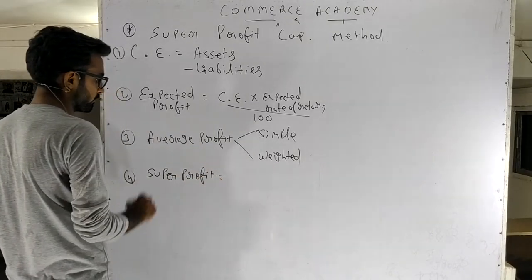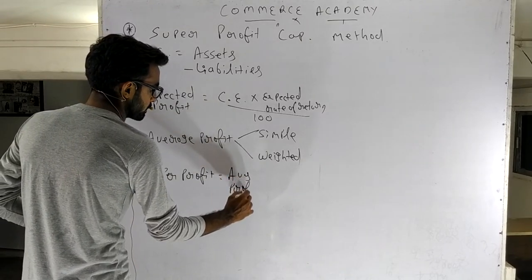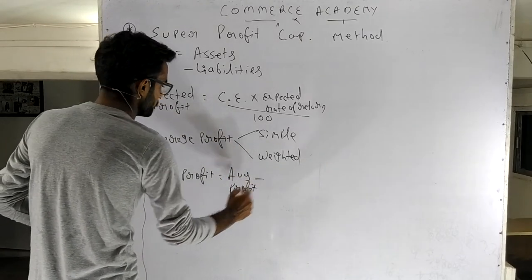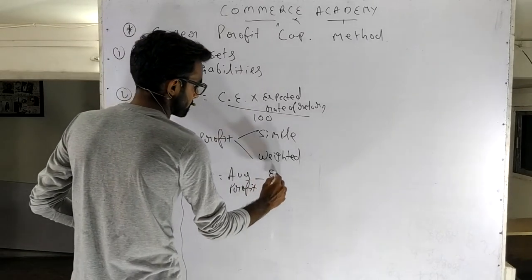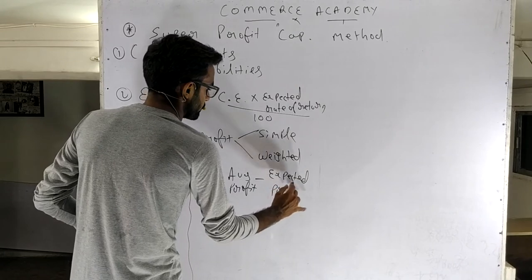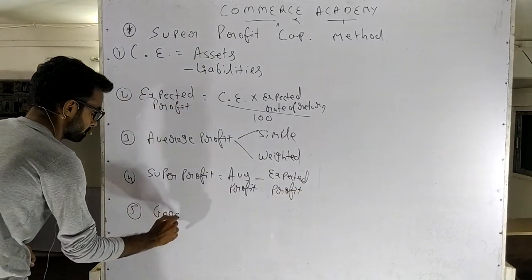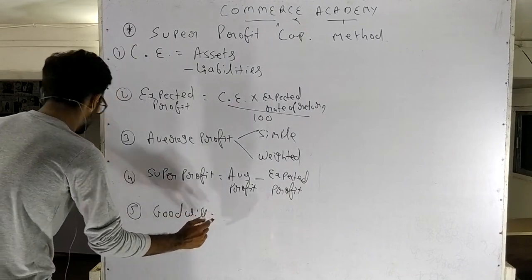How will you get the super profit? Average profit minus expected profit. And the last one, goodwill.